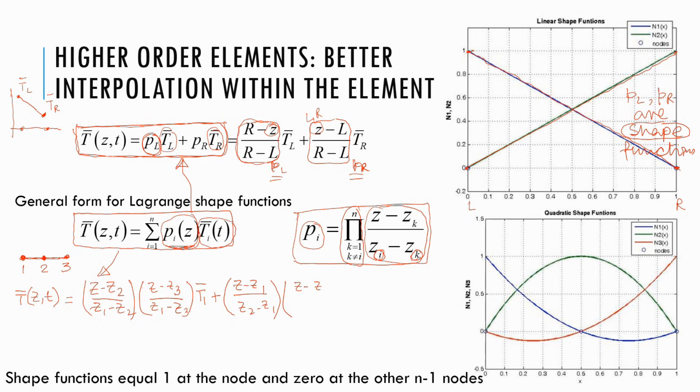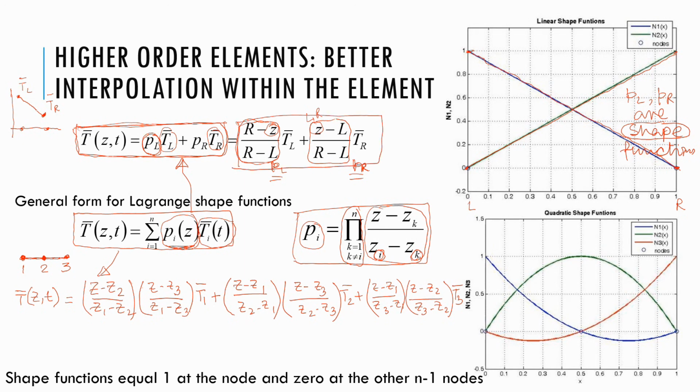So (z minus z3) over (z2 minus z3) times t2 bar, plus (z minus z1) over (z3 minus z1) times (z minus z2) over (z3 minus z2) t3 bar. Okay, so I want you to see, even though it looks so much involved, it has the same format as this one here.